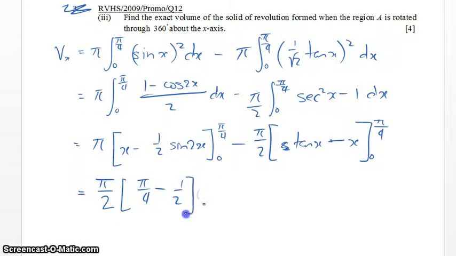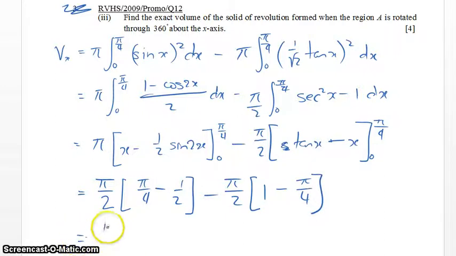Substitute in 0, you get nothing. So minus pi upon 2. So substituting in, when it's 0 there's nothing, so we just have to substitute in the top one. Tangent pi upon 4 is 1 minus pi upon 4. And simplifying, that's going to be pi squared over 4 minus 3 pi over 4.